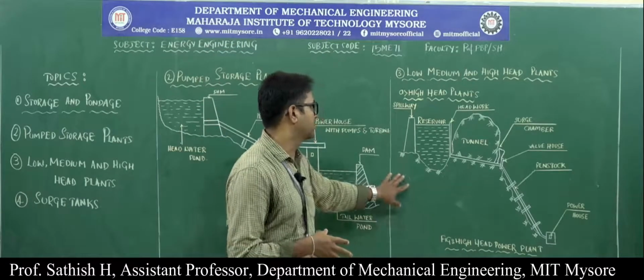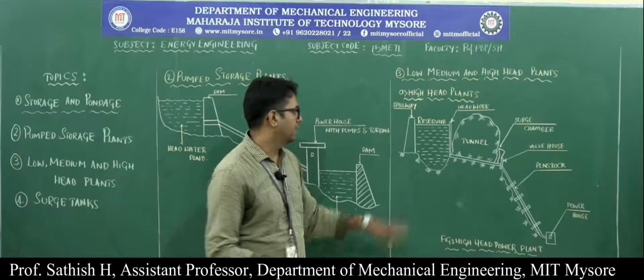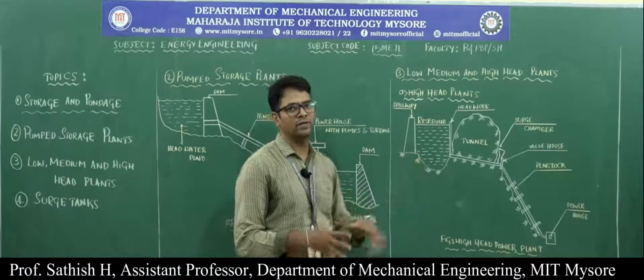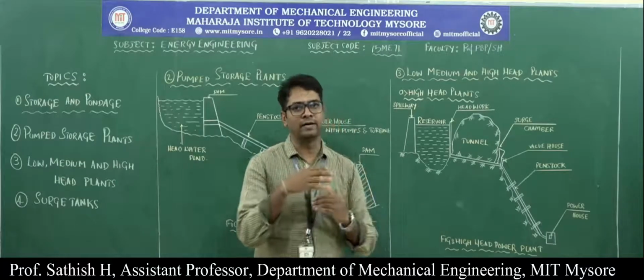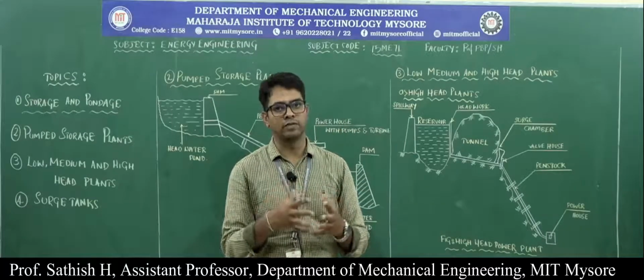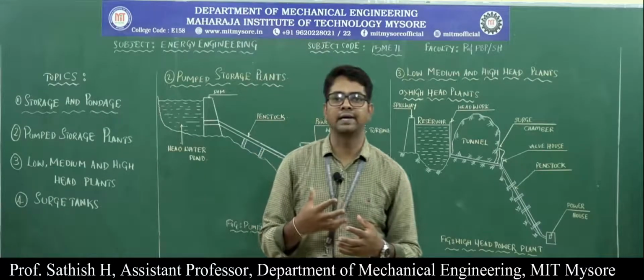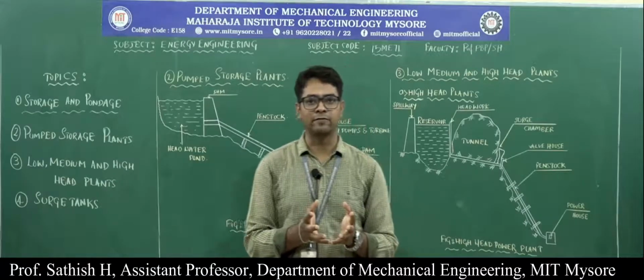One of the sketches I have drawn is for the high head power plant. Here we have a reservoir and a spillway. Usually the water is stored very high, over the mountains. If the ice melts, it creates a reservoir at the top of the mountains.